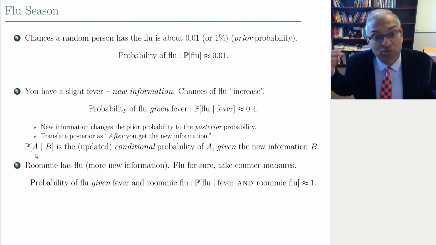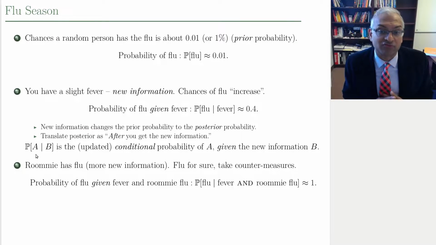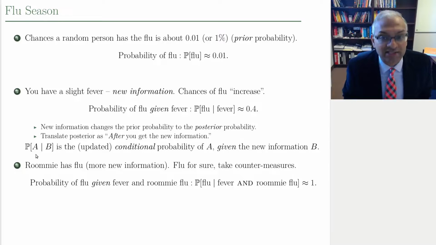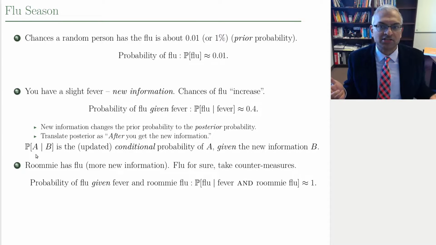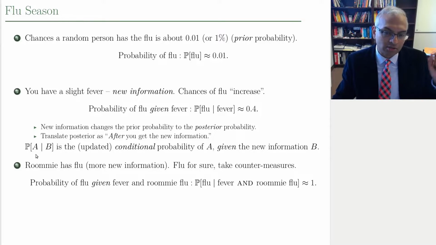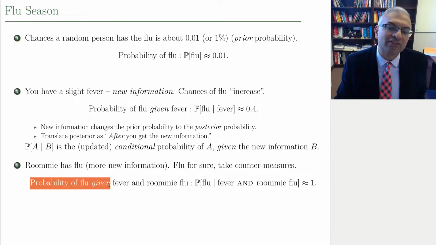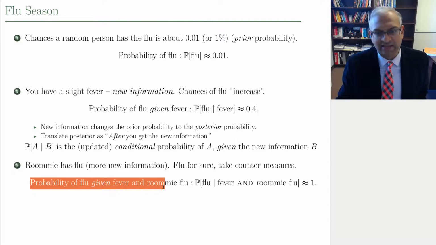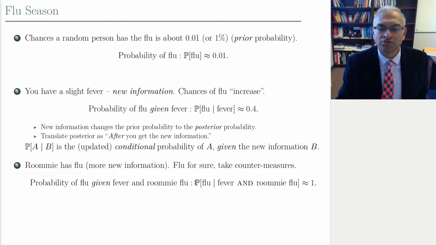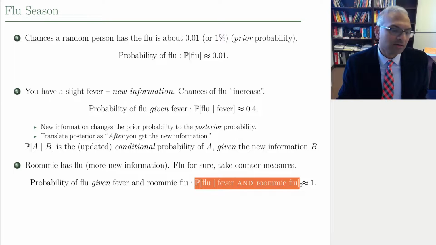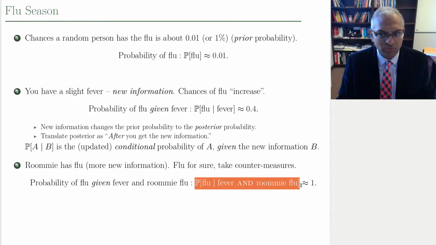And now, supposing I also find out an additional piece of new information, that your roommate has a flu. Well, now I have two additional pieces of information: you have a fever, and your roommate has a flu. Now the probability of flu given what? Given that you have a fever and that your roommate has a flu. So the probability of flu given a fever and roommate flu is now much, much higher than 40%, because all the conditions seem to point to the fact that you have a flu.